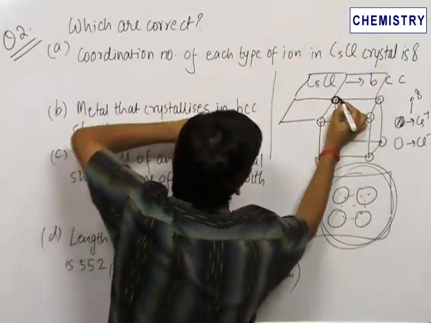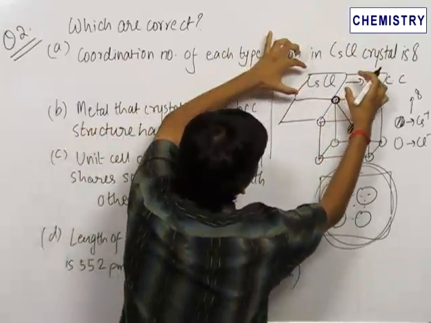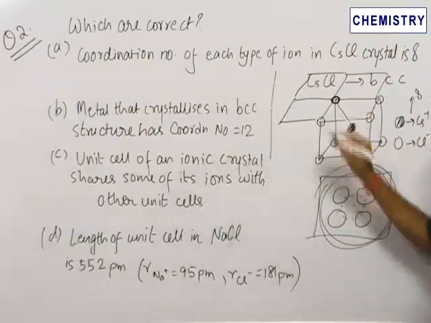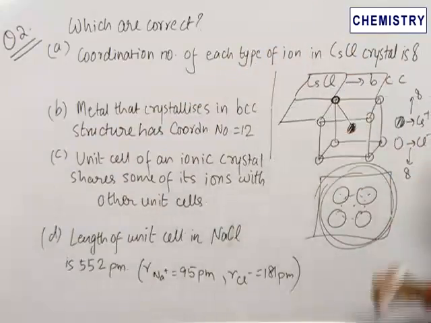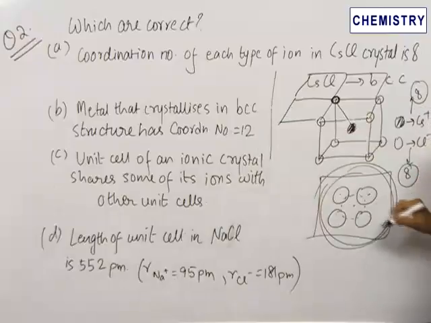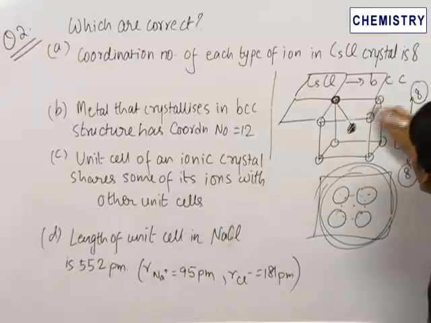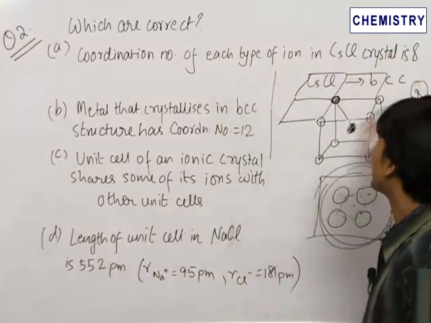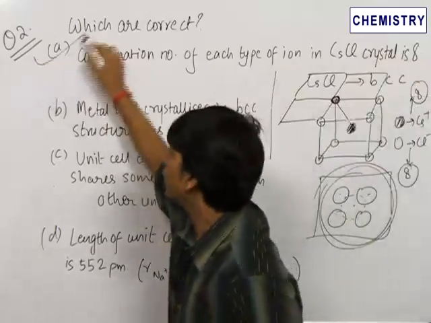Therefore this Cl minus ion will touch 4 Cs plus atoms in the above 4 unit cells also. Therefore in all, this Cl minus ion will touch 8 Cs plus ions. Therefore the coordination number of Cl minus will be 8 and Cs plus will be 8. Now similar to this Cl minus ion, all other chlorine minus ions will have a coordination number of 8. Therefore coordination number of each type of ion in CsCl crystal is 8 is a true statement.